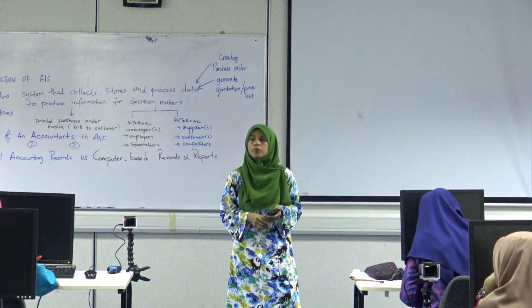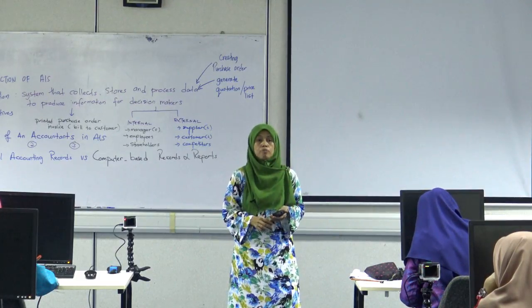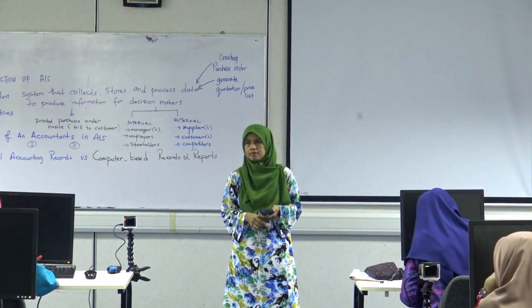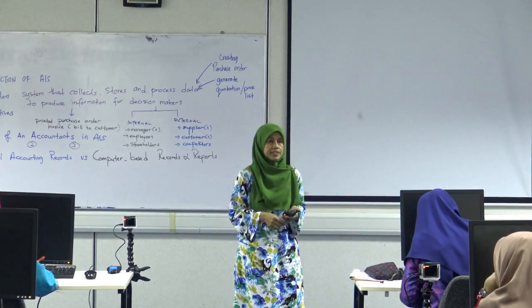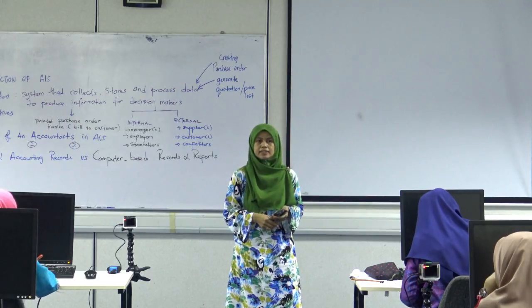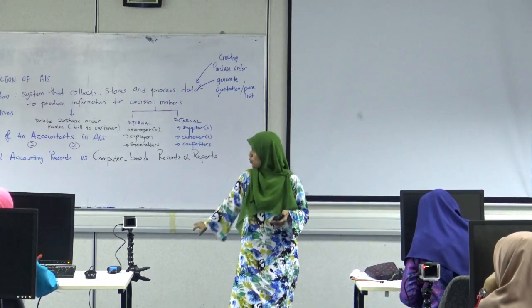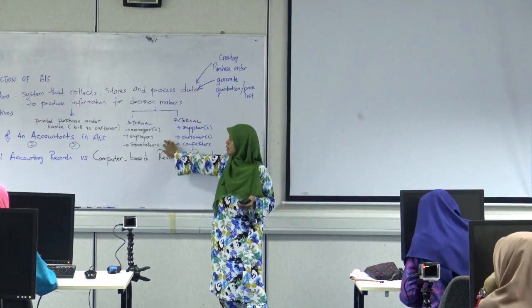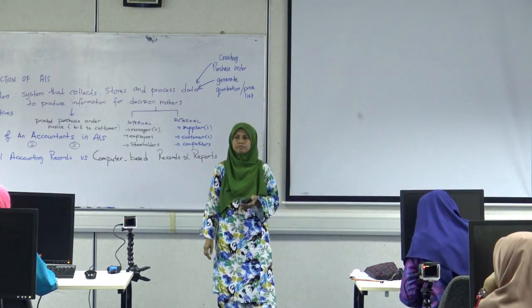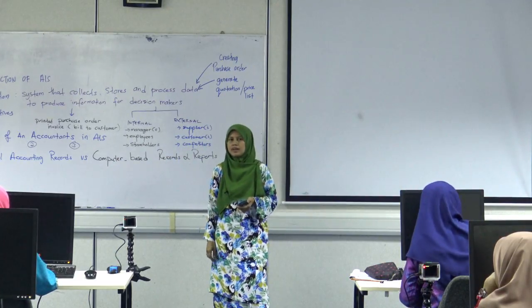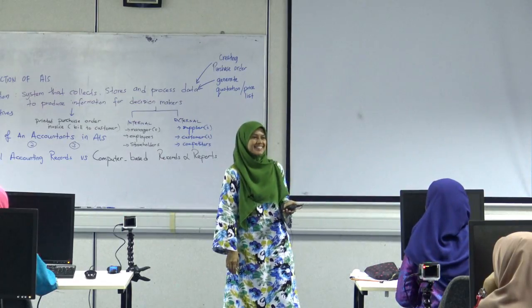Okay, the output document is later used by both parties, the internal decision makers and the external decision makers. Who is the internal decision maker that is going to use the invoice? The credit control officer.